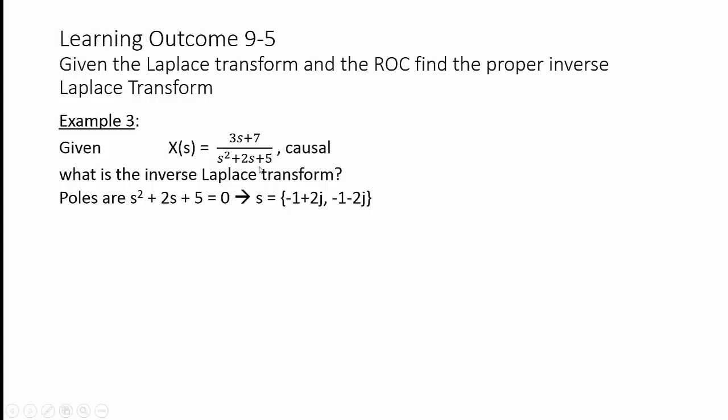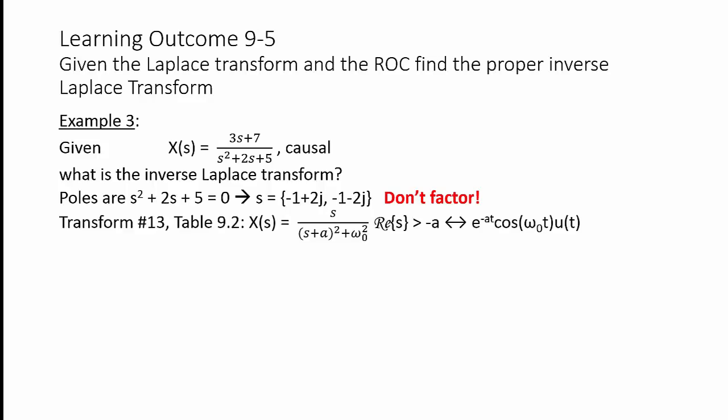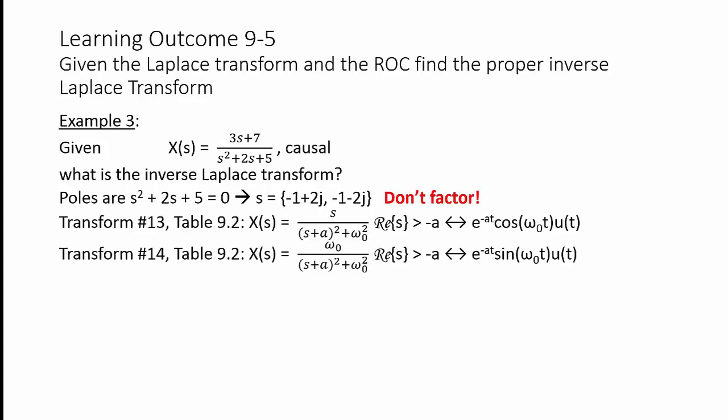That means we are not going to factor this denominator and not do partial fractions with 2 first-order terms. We keep them together, and we're going to use one of the properties in Table 9.2 between numbers 11 and 14. Do not factor. We're going to want to use transforms 13 and 14 for this, because these are complex and not purely imaginary roots.